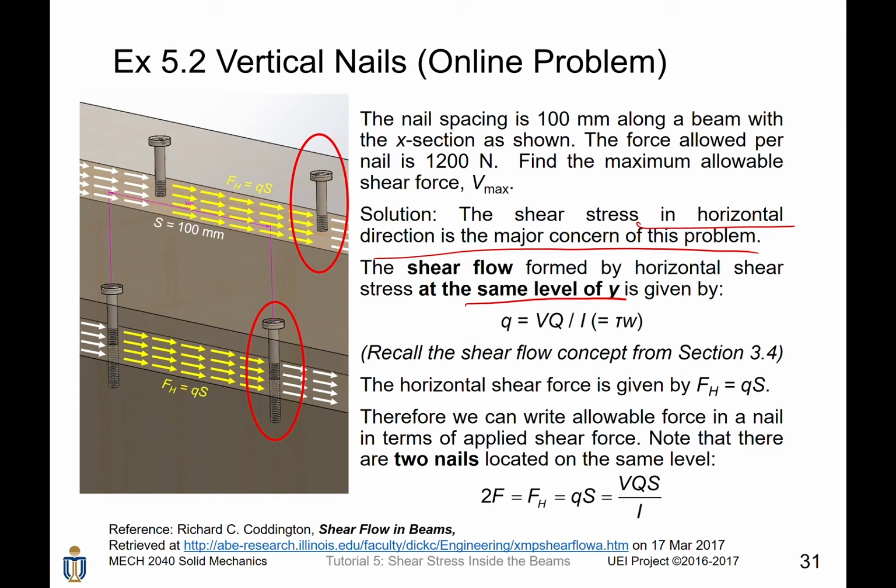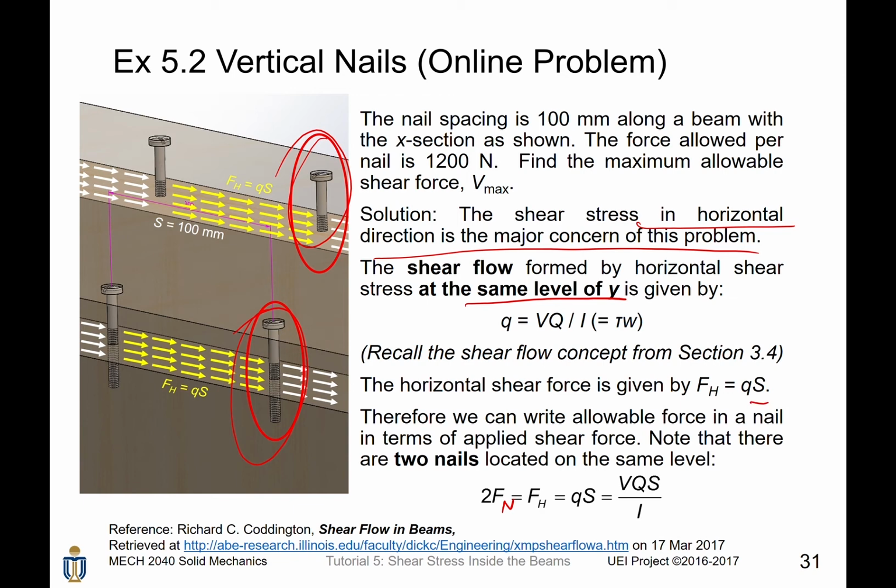Besides, since there are two nails located on the same level, those two nails are resisting the shear flow at the same time. Therefore, 2 times the allowable shear force of nail is the horizontal shear force, and the horizontal shear force equals the shear flow times the spacing.